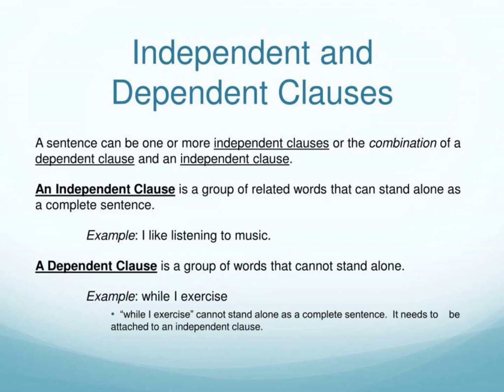A sentence can be one or more independent clauses or the combination of a dependent clause and an independent clause. The first one, an independent clause, is a group of related words that can stand alone as a complete sentence.